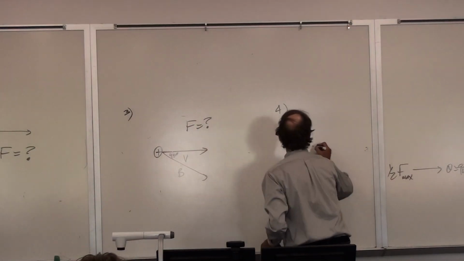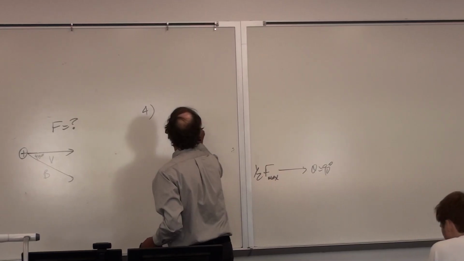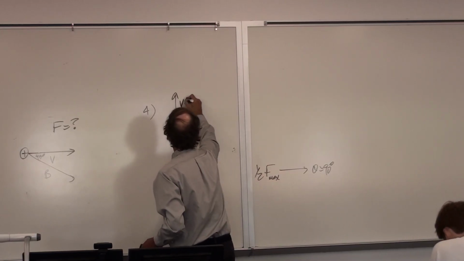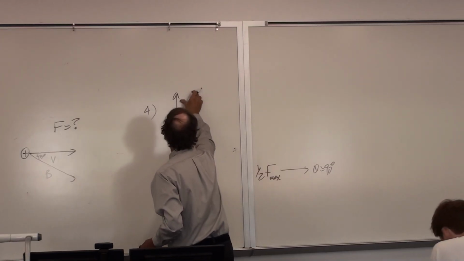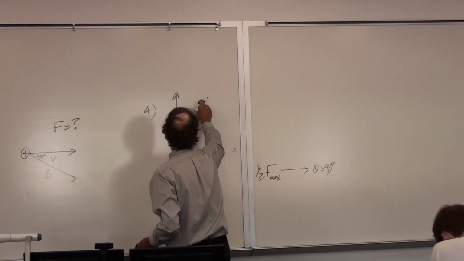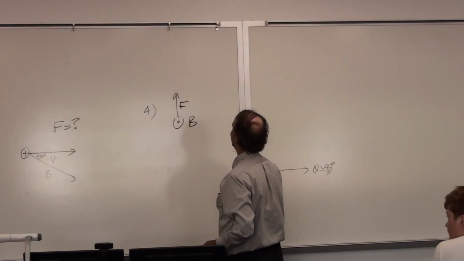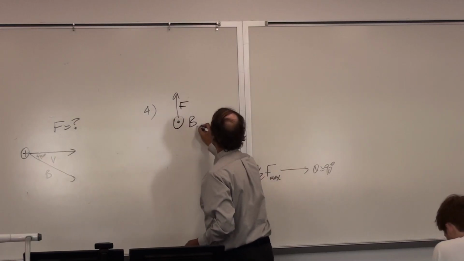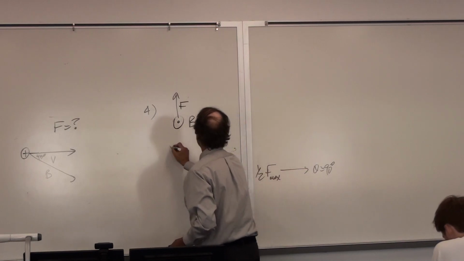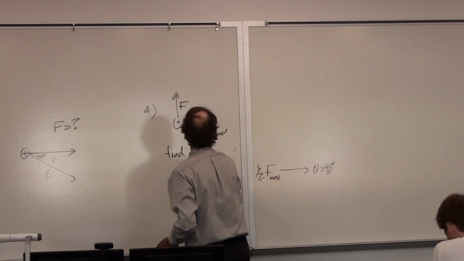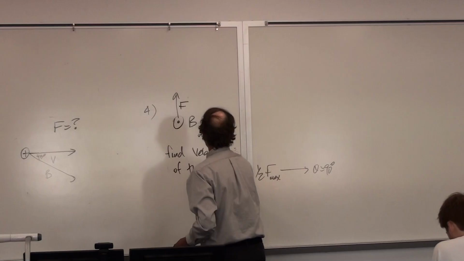And then for number 4, let's say that the magnetic field is out of the board and the force is up. Yeah, that's what I want. The force is up, the magnetic field is out of the board. Find the velocity of the negative charge.